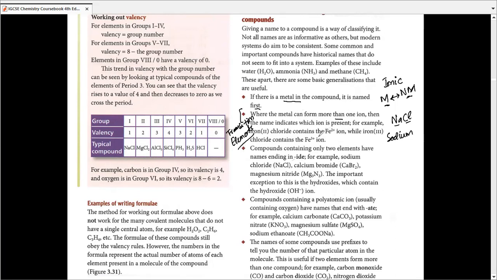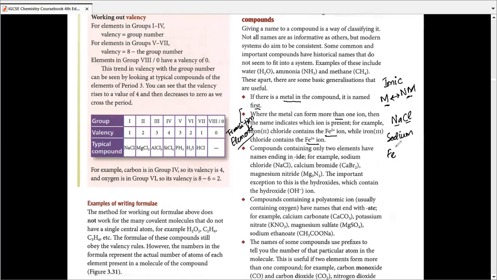By that I mean, they may lose 2 electrons and form a positive 2 ion, like iron does here. They may lose 3 electrons and form a positive 3 ion, like Fe positive 3, and they may lose more or less. They can show variable oxidation states, which change from element to element. Some show less, some show more.